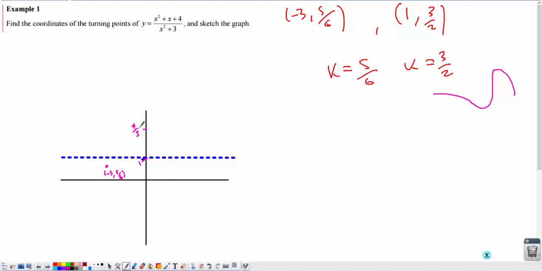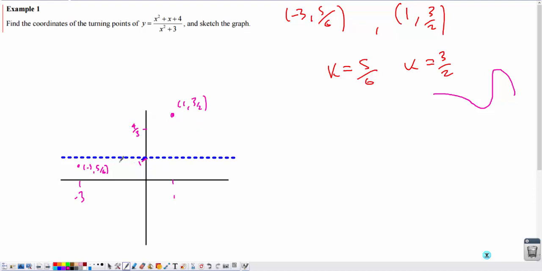Now 3/2 is bigger than 4/3, so it's up here. If that's -3, it should be closer, so actually I made a mess of this. Let's make the -3 over here. So that's my coordinate -3, 5/6, and my coordinate 1, 3/2, which is above the intersection point. So what does my graph look like?